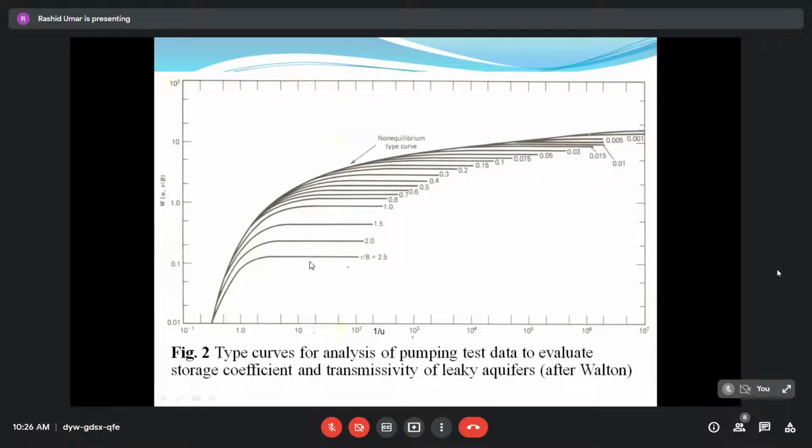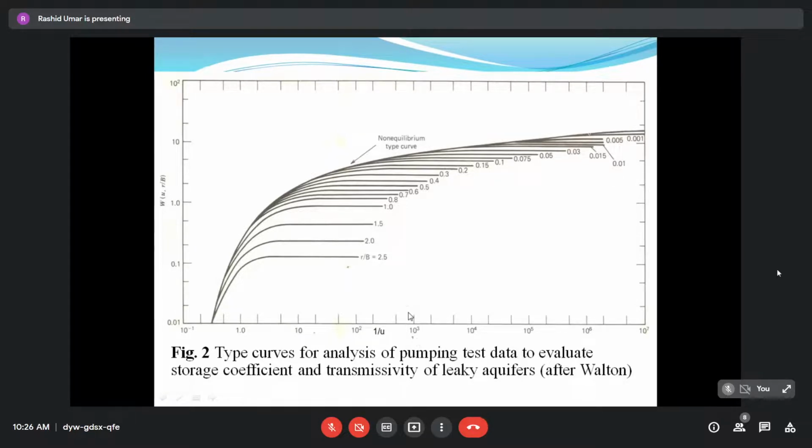You will be sliding your data curve onto this one, where it matches with one of these graphs. You take that as a match point, and you read the value of R by B, W from this particular axis, and 1 by U from here.